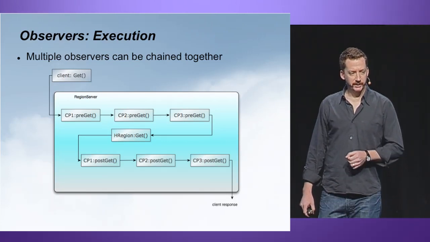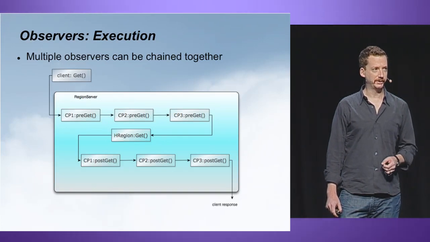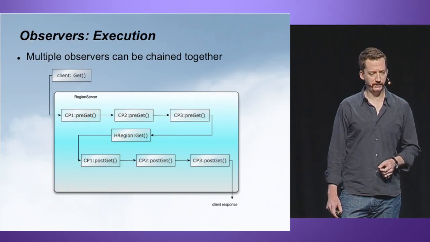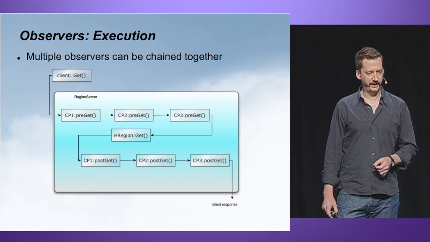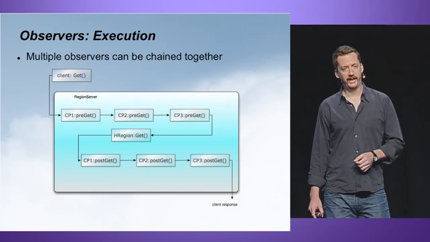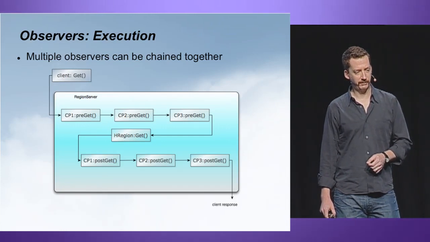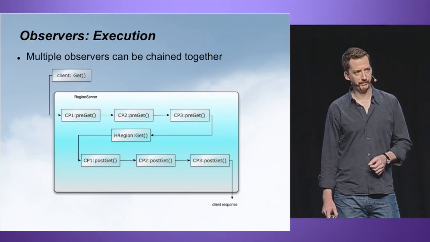So when a request comes into HBase, you can have multiple observers loaded against a particular table. The request will come in to the region server and be handed off to the pre-hook associated with that request for the first loaded coprocessor.